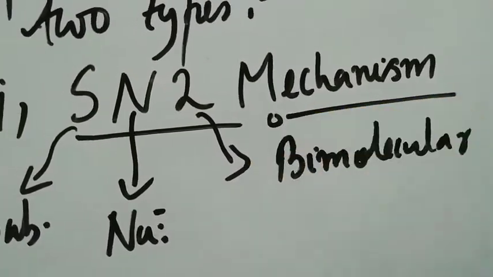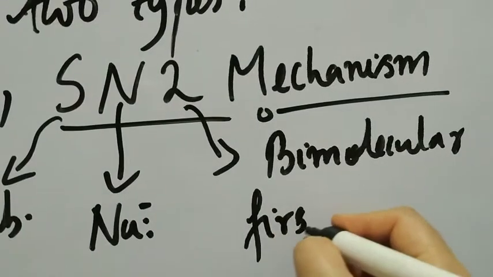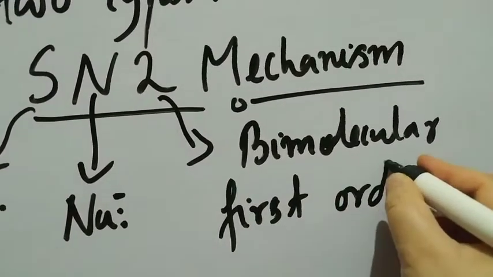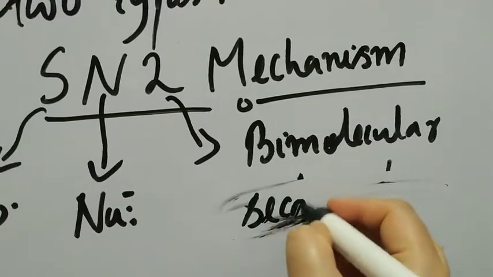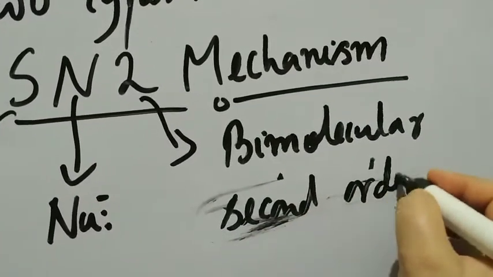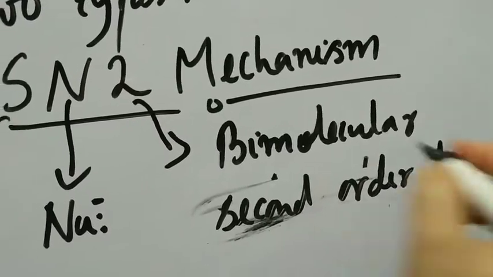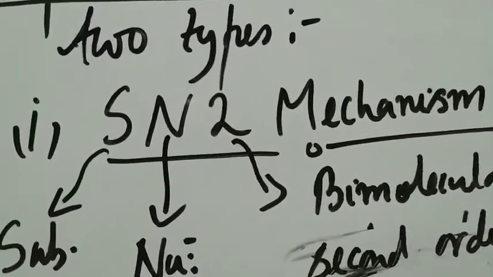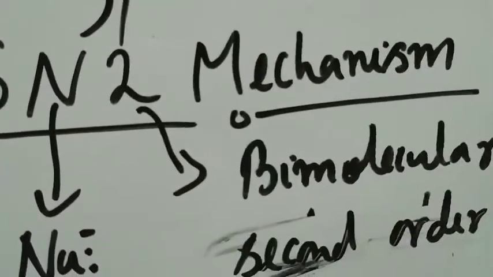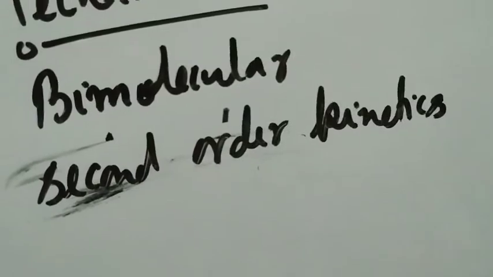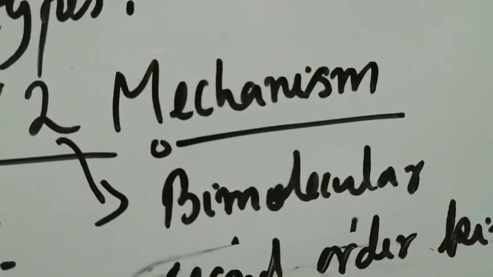When we do an example, you will see that these reactions follow second order kinetics. If we speak about the kinetics, reactions in which substitution of a nucleophile takes place by Sn2 mechanism follow second order kinetics, thus the name Sn2 mechanism.